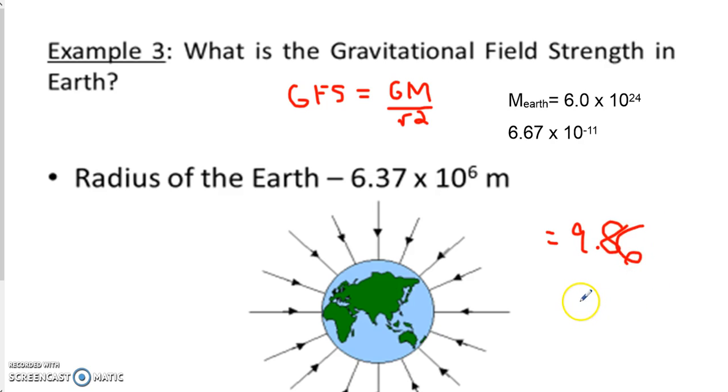Ooh, and no exponent. Fantastic. So I get a gravitational field strength of 9.86.